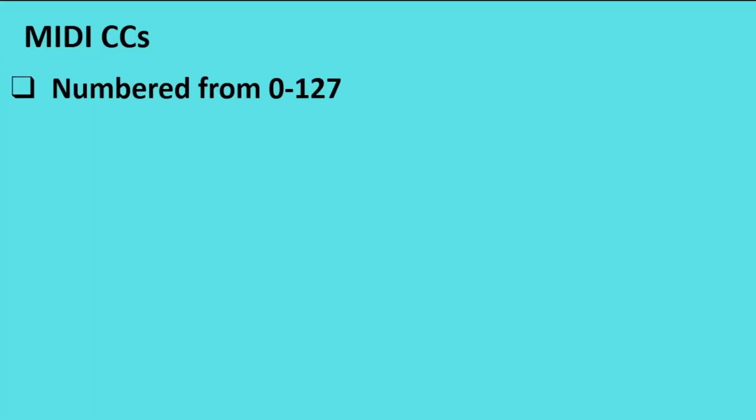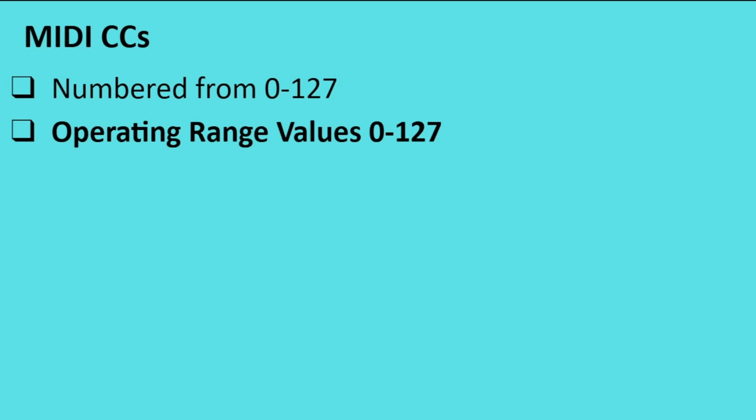Here's a quick rundown of some basic things you need to know. Each MIDI CC message comprises 3 values: the CC number, the CC value, and the MIDI channel. There are 128 possible MIDI CCs numbered from 0 to 127 in line with standard MIDI protocols, and each of these 128 CCs can operate across a value range also from 0 to 127.